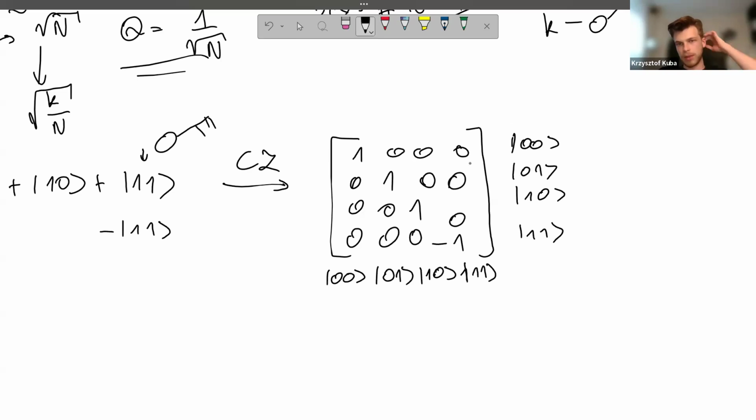So by this matrix transformation, you can see which vectors from, let's say, this column are transferred to what vectors here. As you can see, these vectors stay unchanged, but the last vector is changed with the flip, minus 1.